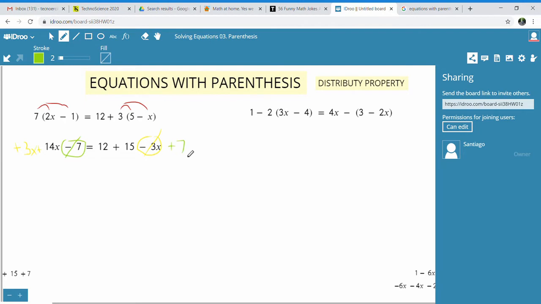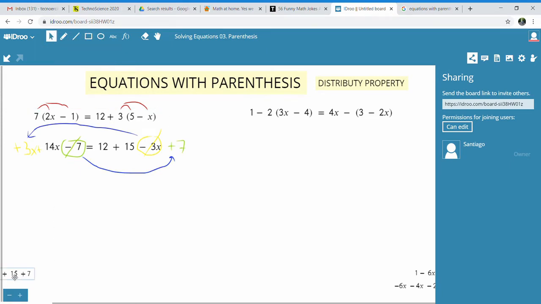This is why some people say that what we do is that this negative 3x that is on the right passes to the left, changing its sign. And this negative 7 that was on the left changed the member of the equation to positive 7.